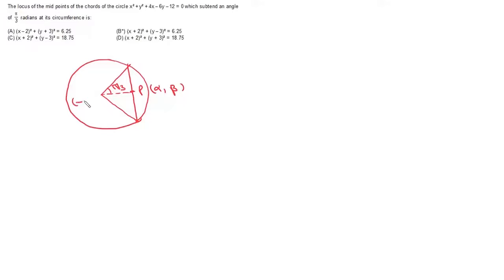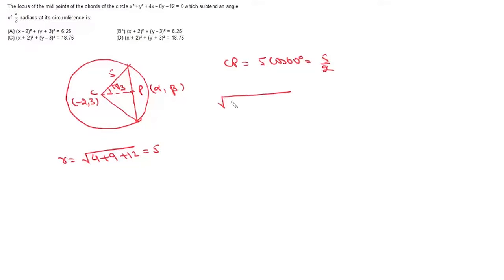Center of this circle is at (−2, 3) and its radius will be under root of 4 plus 9 plus 12, and that will be simply 5. Now 5 is fixed, pi by 3 is fixed. So basically CP will be simply 5 cos 60, and that will be 5 by 2. Now CP is under root of (alpha plus 2) whole square plus (beta minus 3) whole square, and it will be equal to 5 by 2.